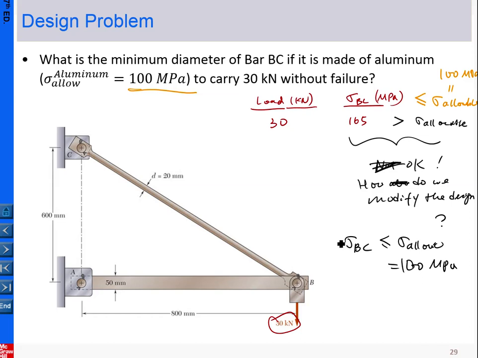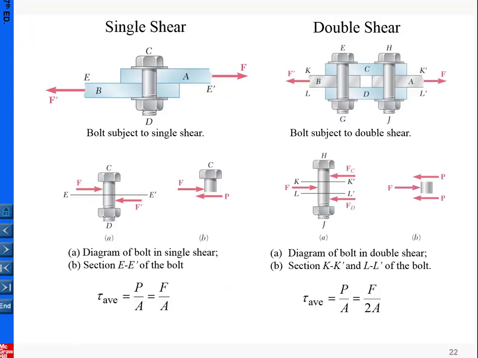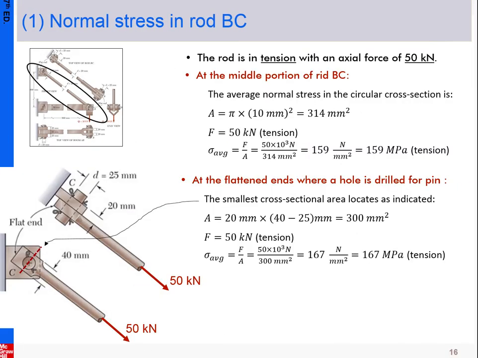We know the stress we calculated, and we know the loading in BC equals how much? We can look at the previous slides. In BC the magnitude equals 50.